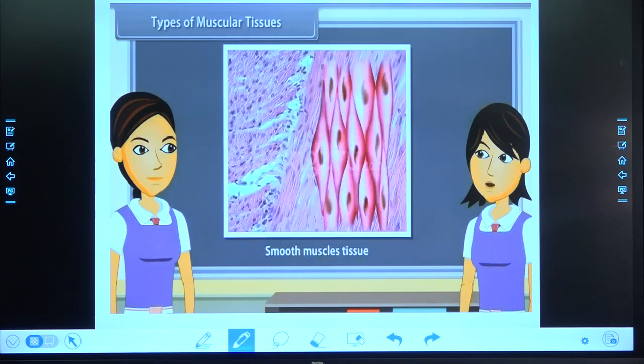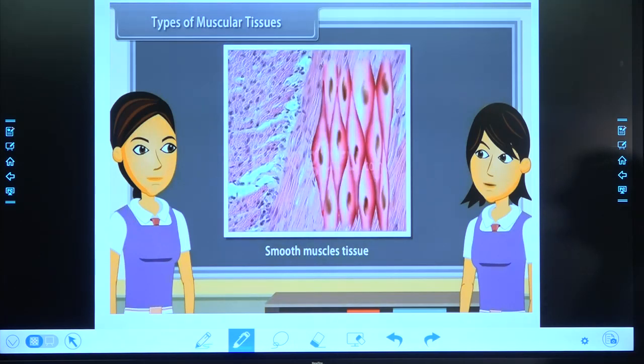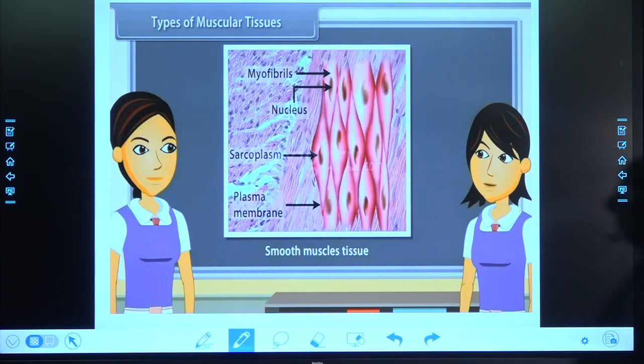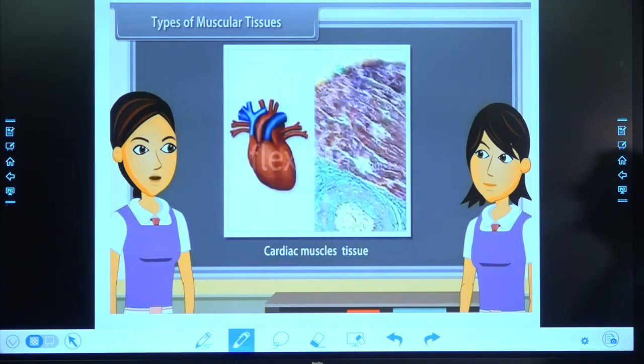Smooth muscles are present in the wall of stomach, intestine, blood vessels, iris of eye, ureter. They are small sized, uninucleate, and spindle shaped, and are generally arranged in layers. They are involuntary muscles as they cannot be started or stopped. Cardiac muscles are found in myocardium of heart.